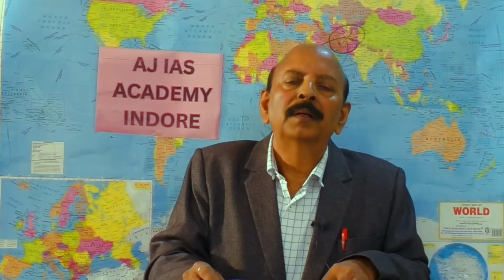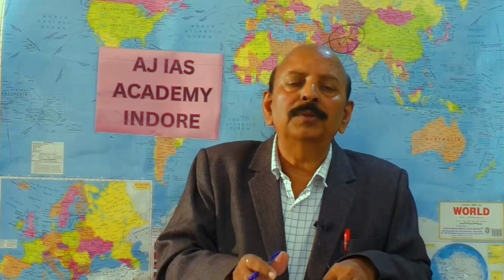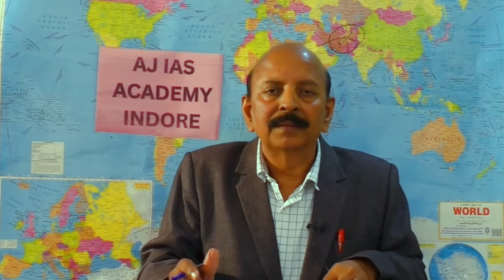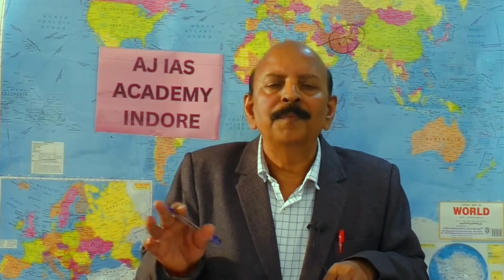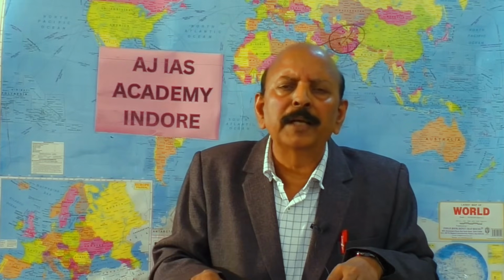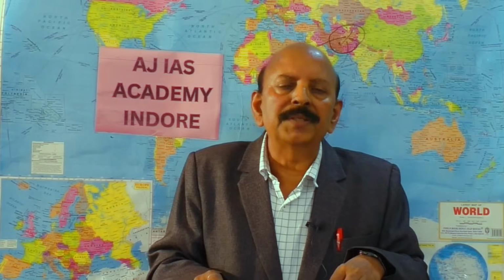So if a police officer violates the statute of limitation, the case will not stand the scrutiny of the court, and the court is bound to acquit the accused. Another reason for the acquittal of accused is poor investigation.